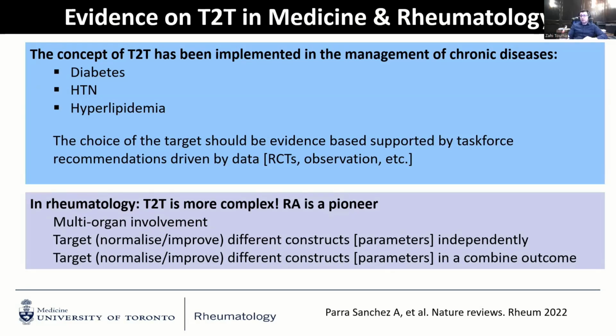But at the same time, you can put all these constructs or parameters together in a combined or composite outcome. Think about the LLDAS, think about the SRI or the BICLA that we have seen in a number of randomized trials, which I will be talking particularly more about LLDAS and DORIS as treat to target in the next slides.